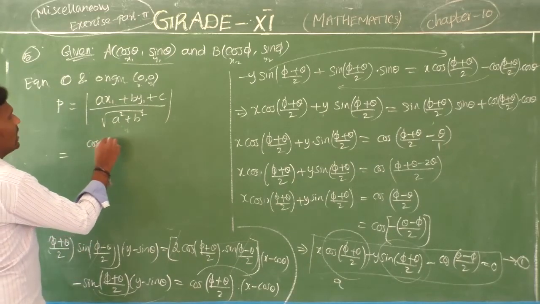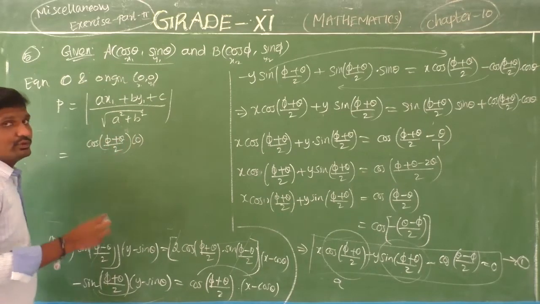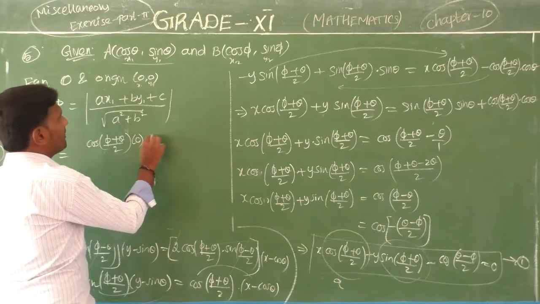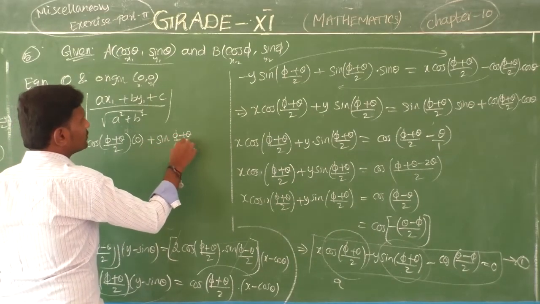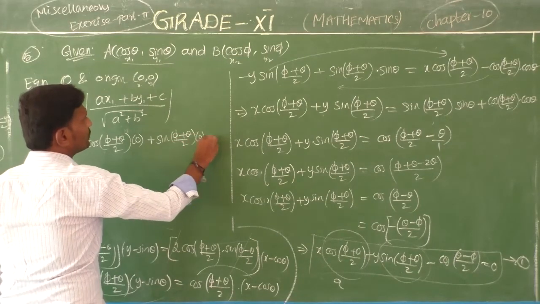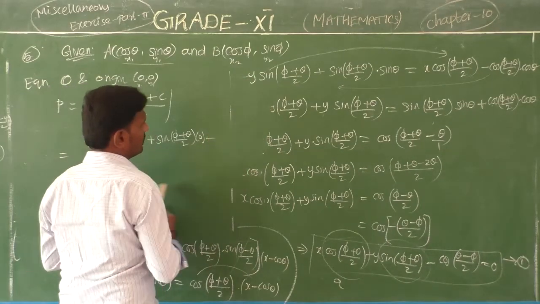Cos (5 plus theta)/2 into x1 which is 0, okay, plus b sin (5 plus theta)/2 into 0. The value of c, what is the value of c?